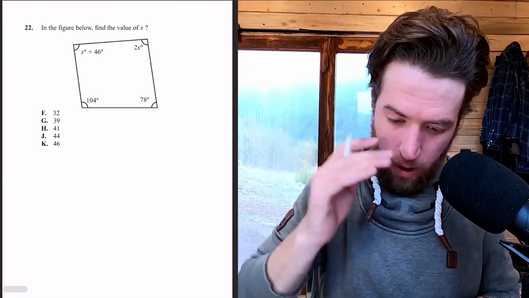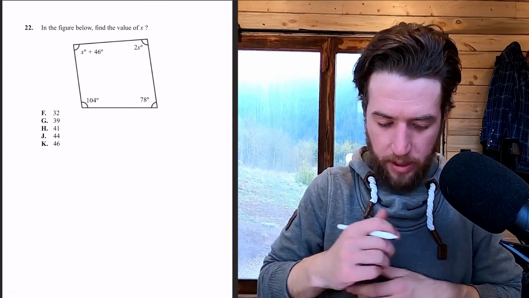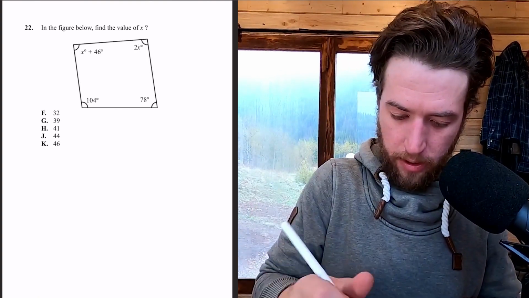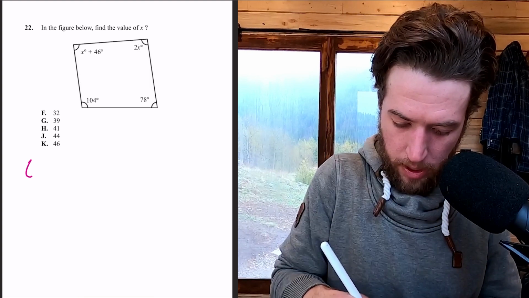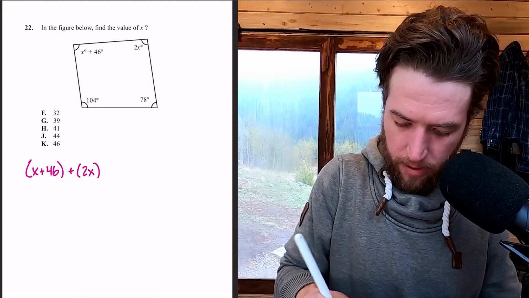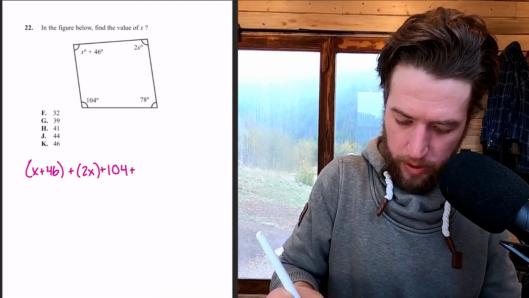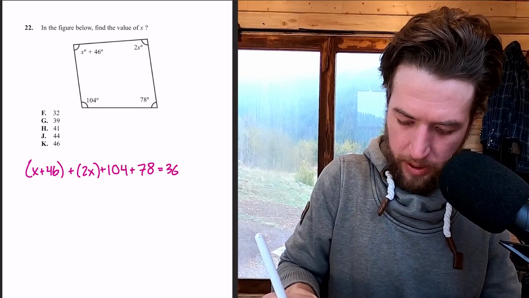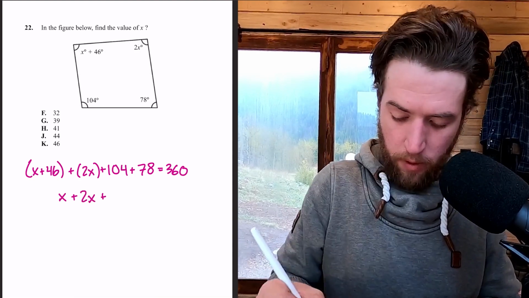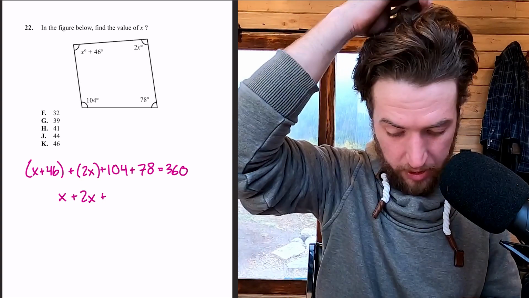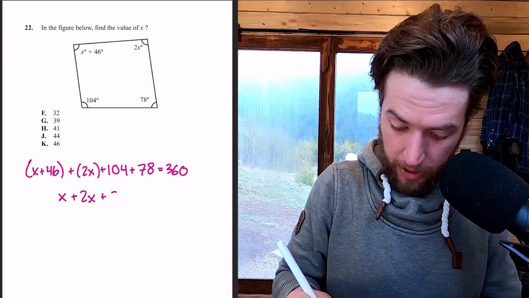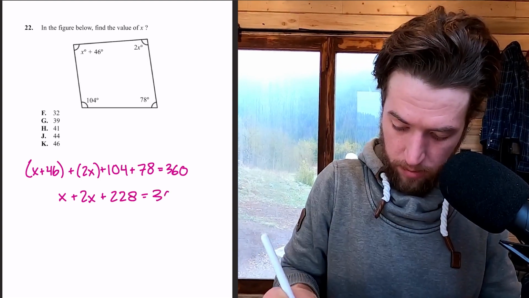All right. In the figure below, find the value of X. Okay, lovely. So we have 4 angles inside a 4-sided polygon here, so those add up to 360. So x plus 46 plus 2x plus 104 plus 78 should equal 360. So x plus 2x plus 104 and 78 and 46, 150, 228 equals 360.